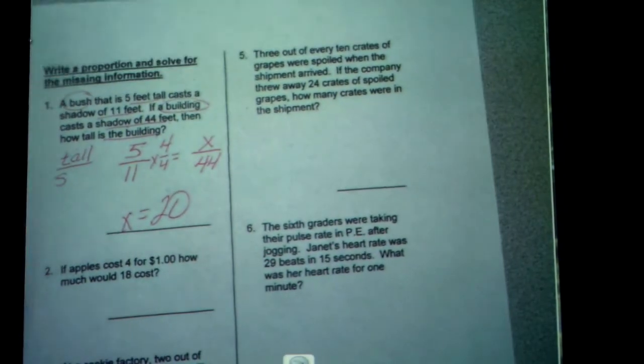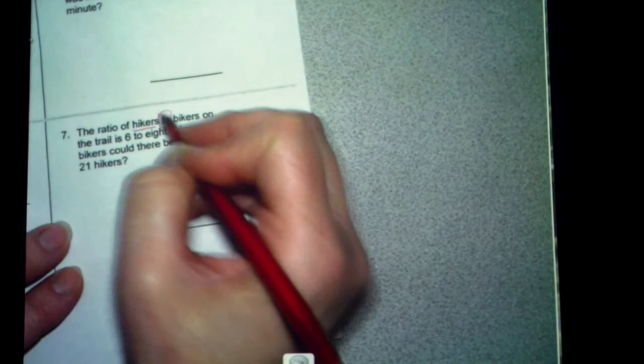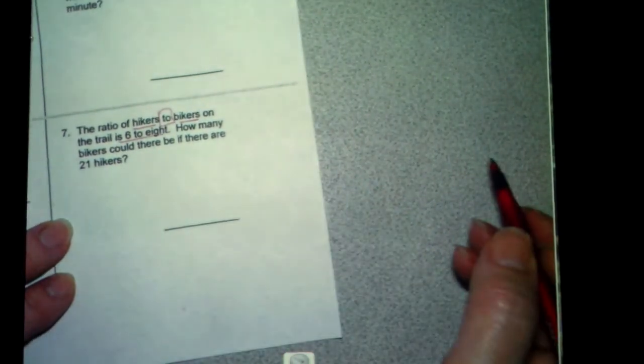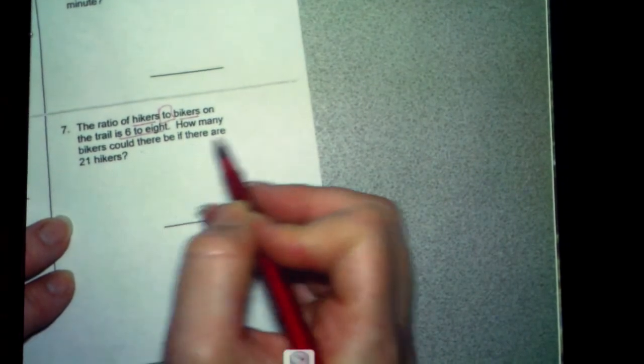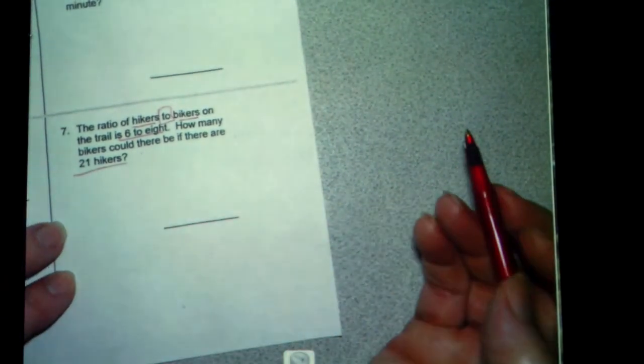Okay, let's do one that's not going to come out quite that easy. The ratio of hikers to bikers on the trail is 6 to 8. How many bikers would there be if there were 21 hikers? So I have hikers to bikers, on the trail is 6 to 8.